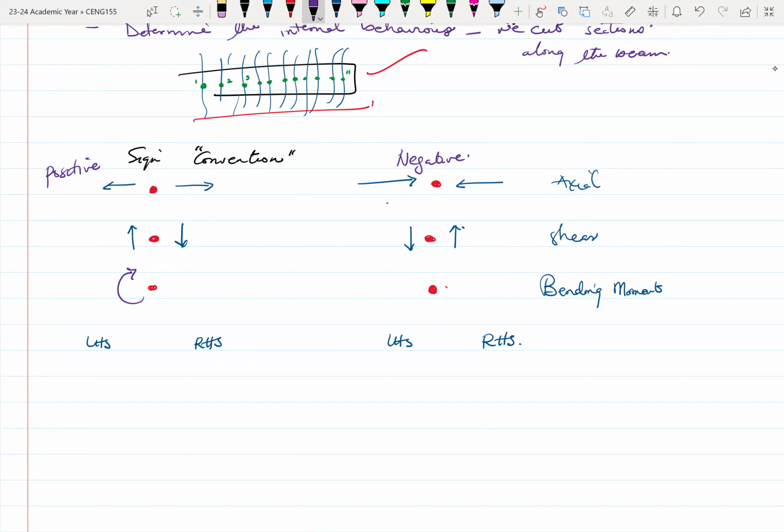If they are acting counterclockwise and then they're on the right, they're also positive. If they're acting clockwise and then they're on the right, it's negative. If they're acting counterclockwise on the left, it's also negative.